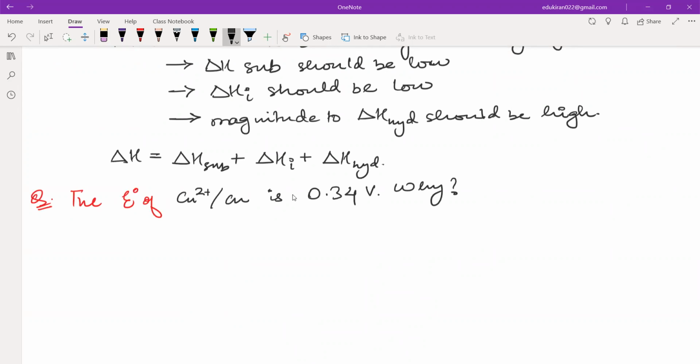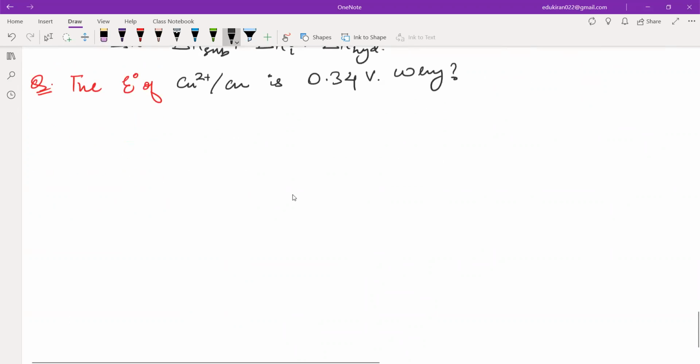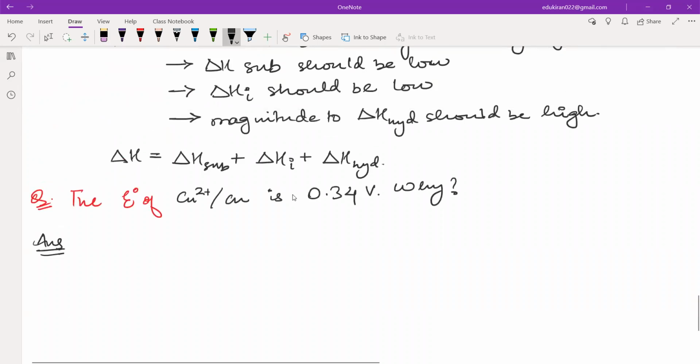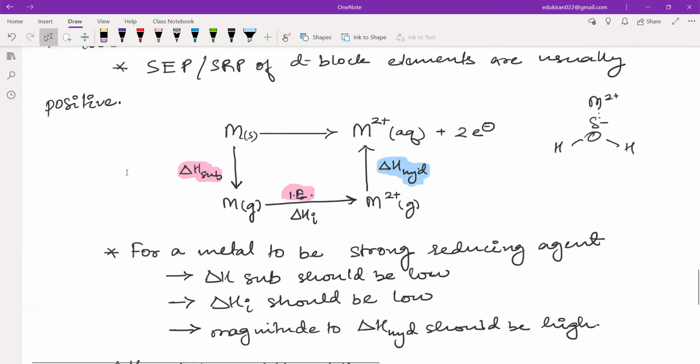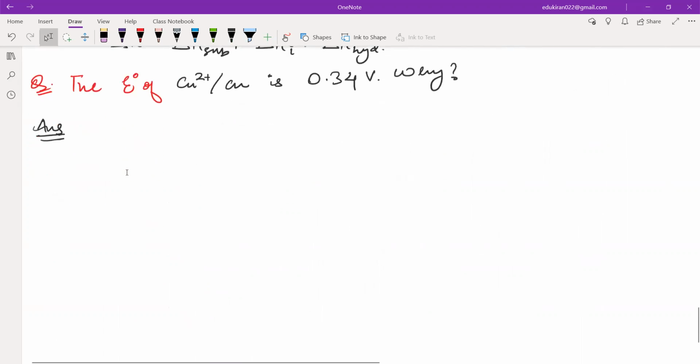Why? So see here. Here we have M to M2 positive. So oxidation is happening here, right? Oxidation is happening. So the reducing D block usually has a positive value.